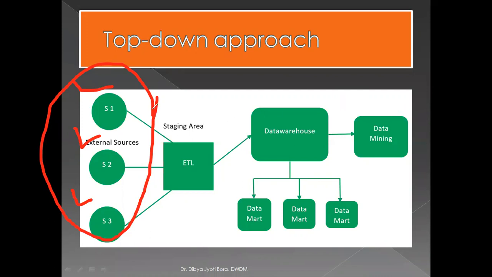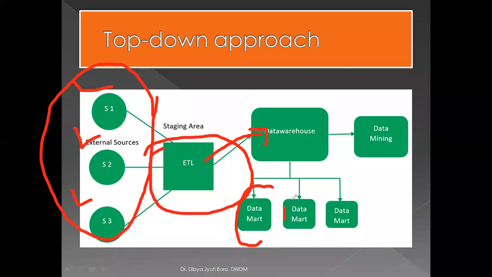And now see, different sources are there. Then we have this staging area, and then the ETL process is conducted, that is extract, transform, and load, thereby loading it into the data warehouse. Then we have the different data marts like this tree in this figure.